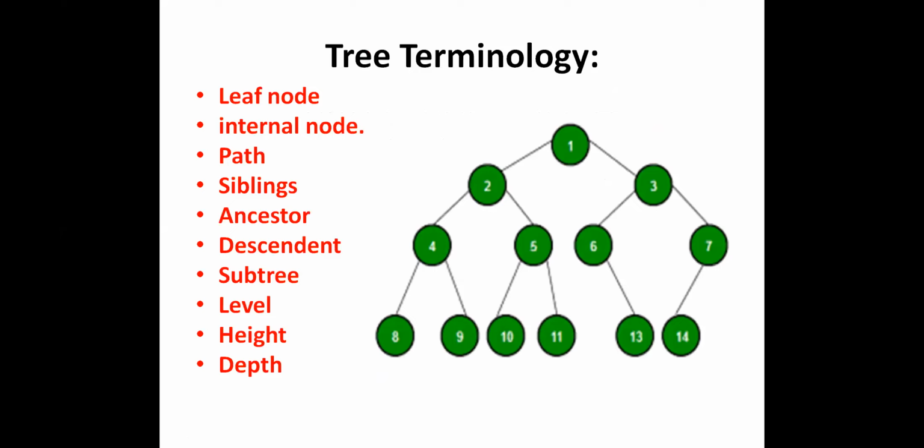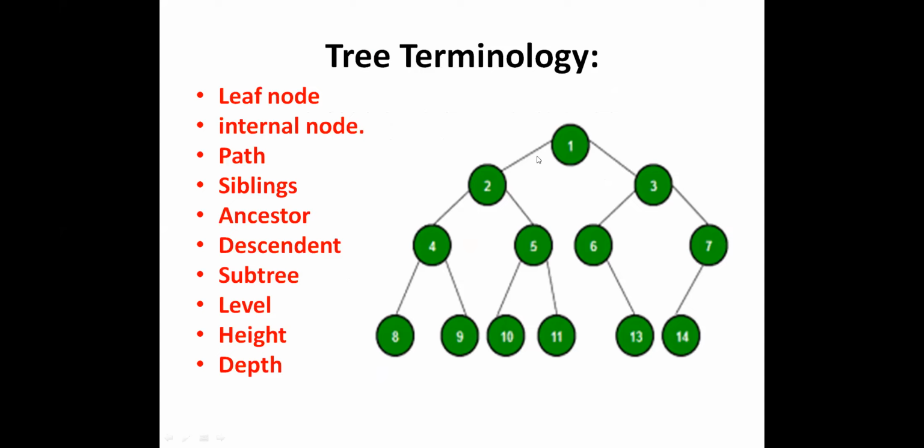This is an example of another tree. You have 14 nodes, starting from 1, 2, 3, up to 14. So what are the tree properties? This is the terminology you have to remember. When you say tree, you have to remember all these things. Just small things only.